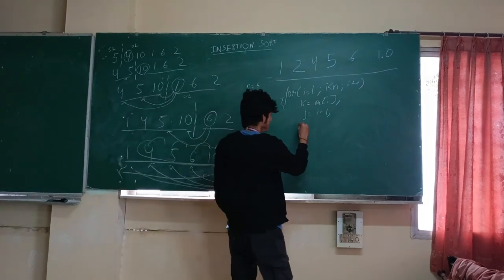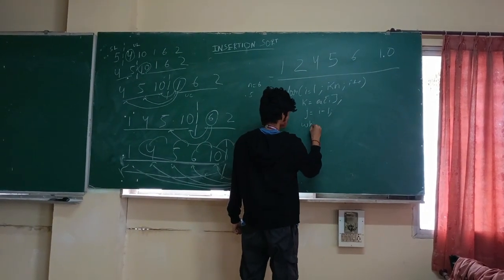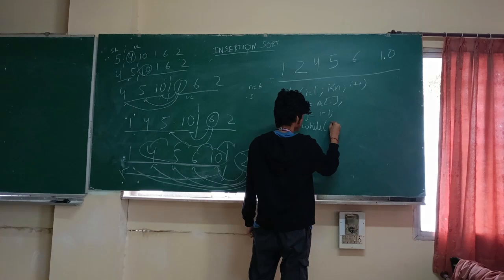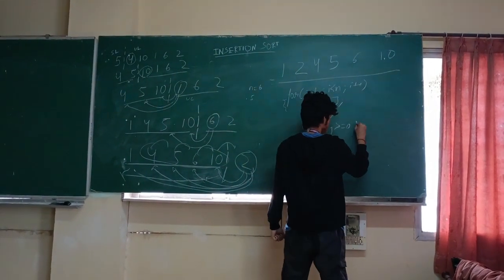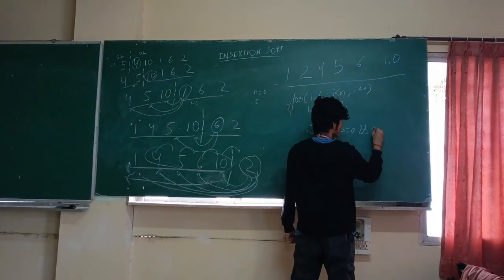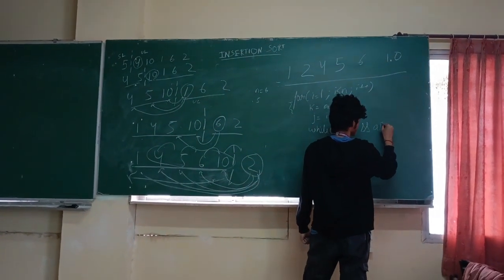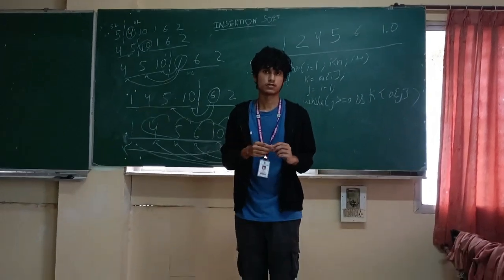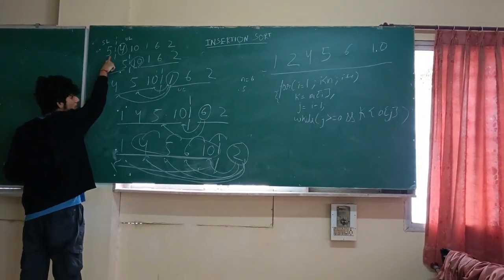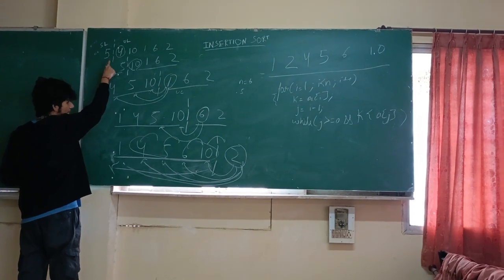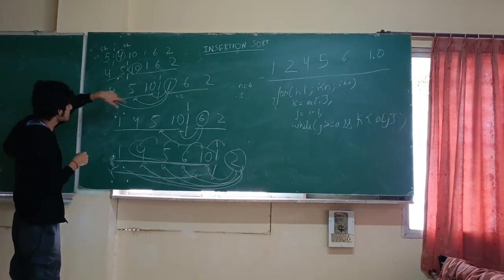So while j is greater than or equal to 0 and while the key value is less than the jth value in the array, we will swap till then.